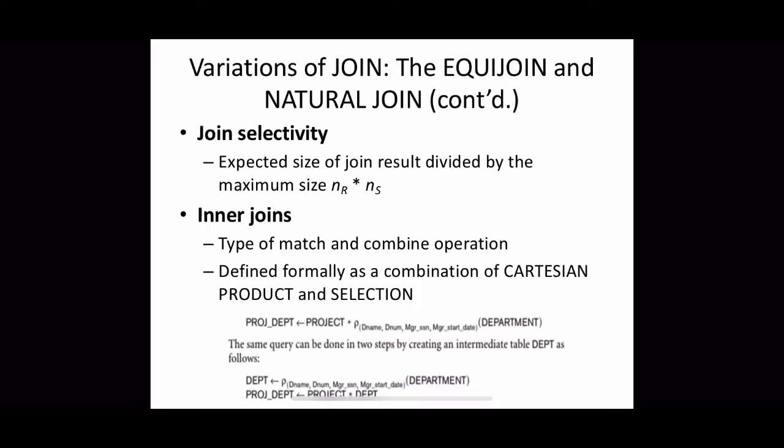Now the same thing can be achieved in two steps as a sequence. First, the renaming is done using the rho operator, and the result is stored in dept, which is the intermediate result. Then that is joined with project to get the corresponding join result.